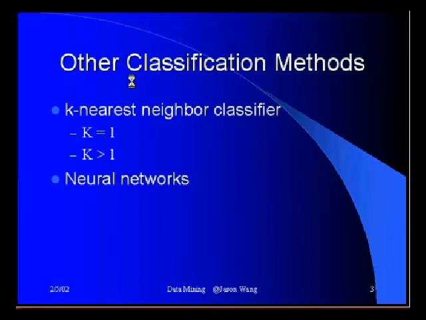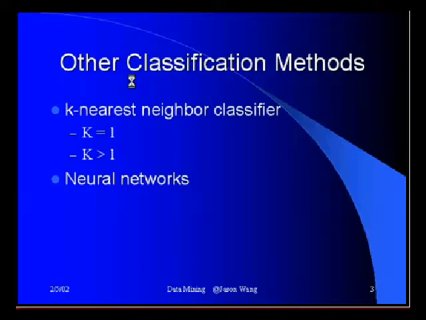This object is nearest to this newly given object, and that object belongs to class 3. This object is second nearest to this new object, and that object belongs to class 9. Another object, which is the third nearest to the given unknown object, again comes from class 3. For that case, we take the majority vote. 2 objects that are closest to me come from class 3, so I should belong to class 3 as well.